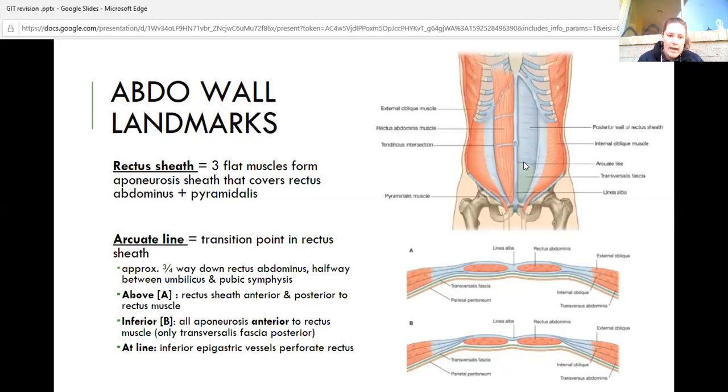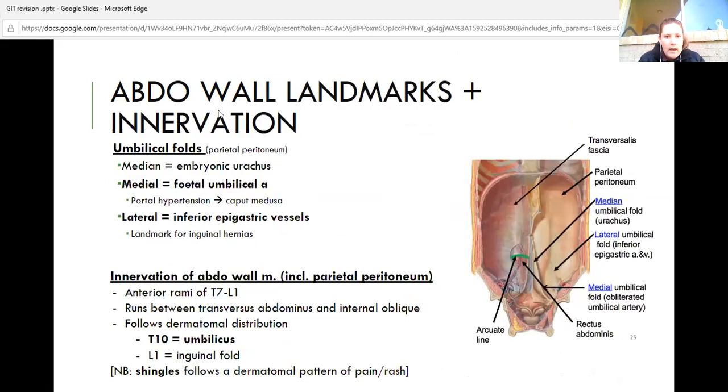Above the line, the rectus sheath is anterior and posterior to the rectus muscle, and below it, all the aponeurosis goes anterior to the rectus muscle, and it's only the transversalis fascia posterior. Also at that line, which is here in the diagram, the inferior epigastric vessels perforate the rectus, which are a good landmark for your hernias, which we'll talk about.